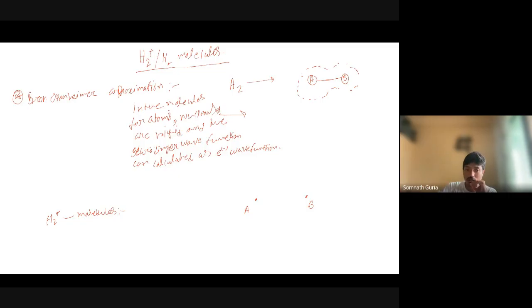So here my psi of AB will be some coefficient C1 times the electronic wave function for A, plus or minus C2 times the electronic wave function for B. This is the wave function for the AB molecule.